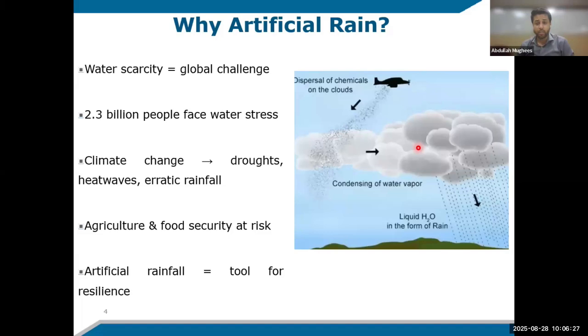They wouldn't rain on their own. So what we do is we take some kind of drone, an aeroplane or whatsoever, and spray a special kind of chemical on top of these clouds. That chemical causes the small amount of water vapors to drop to the ground.